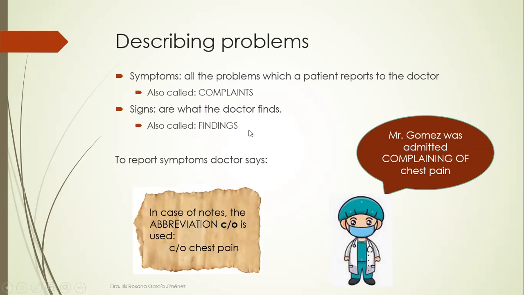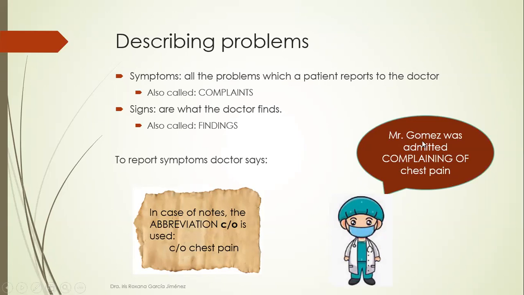Signs are all the findings, all the things the doctor finds. Of course, findings is the most common way of talking when we refer to complaints and findings. They are just synonyms to take into account. For example, we have this doctor and he says, Mr. Gomez was admitted complaining of chest pain. Right?